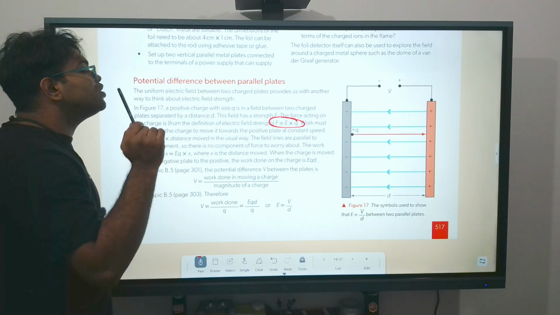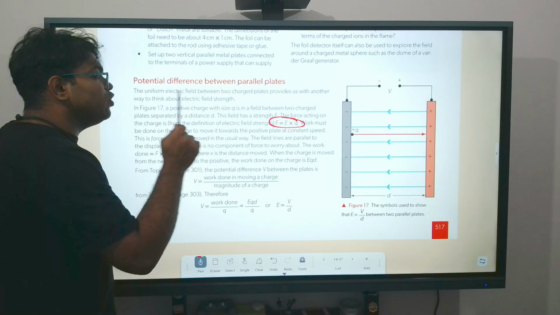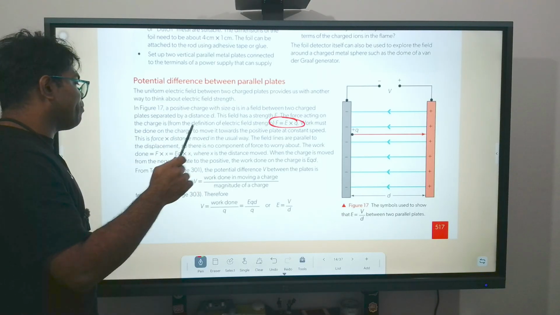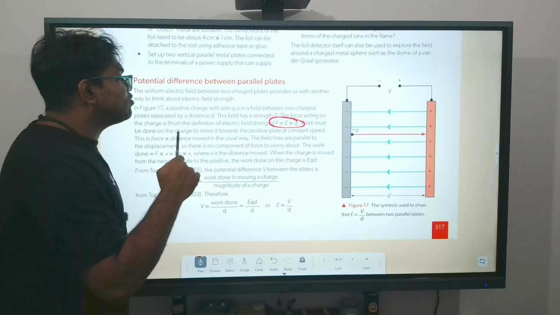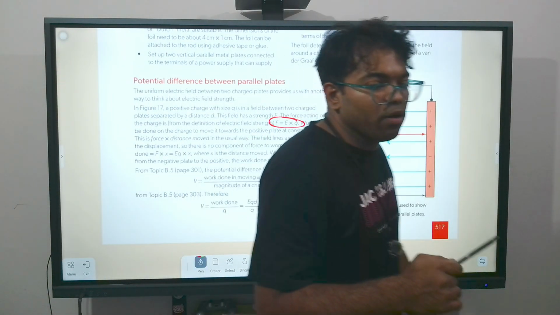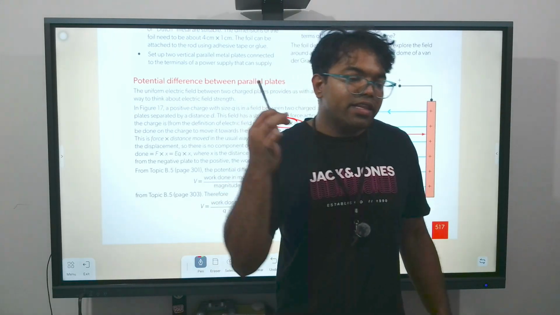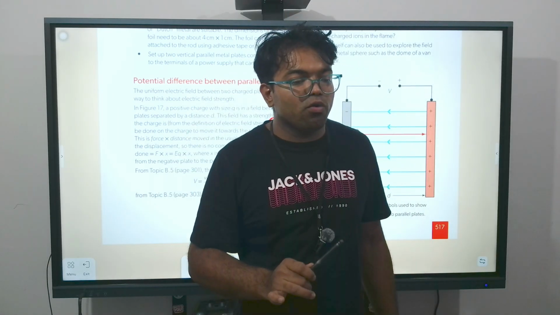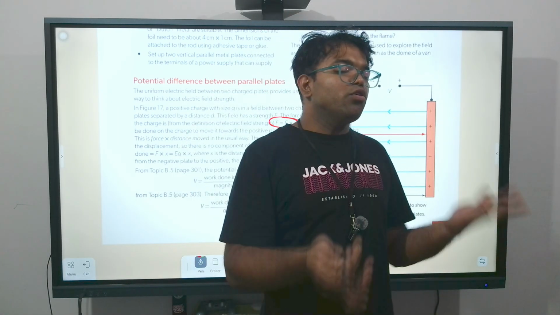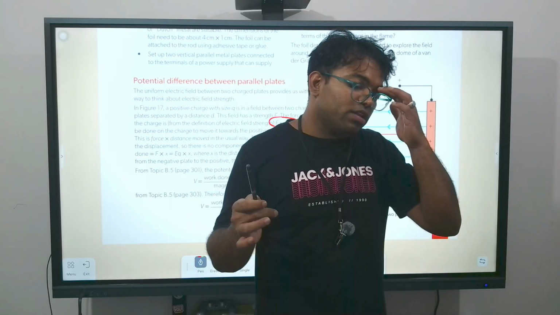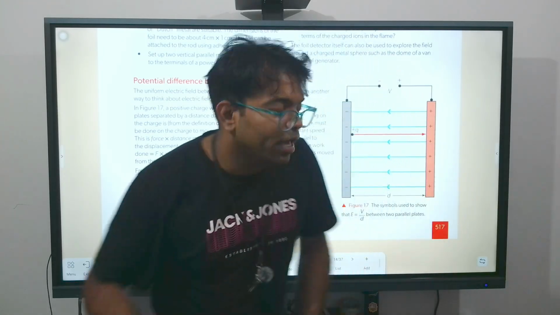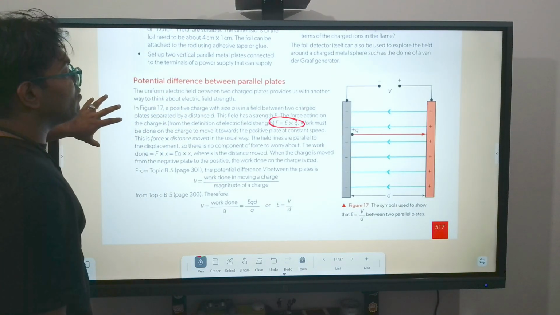This is force times distance moved in the usual way. The field lines are parallel to the displacement, so there is no component of force to worry about. The direction of the field and the displacement are at an angle of 90 degrees, so you don't have to worry about the perpendicular component of the force.